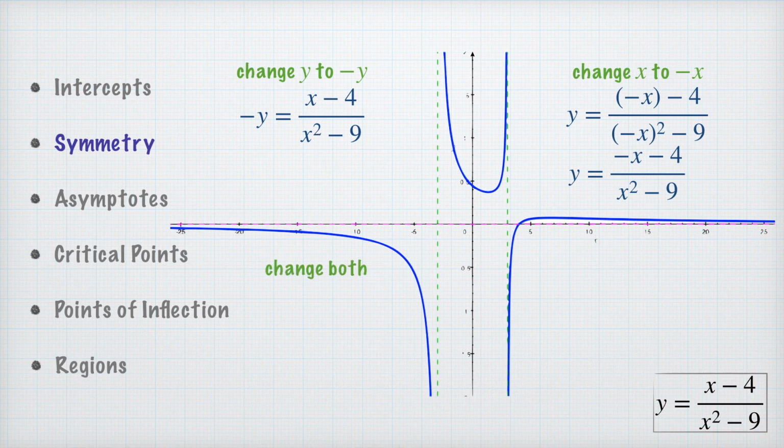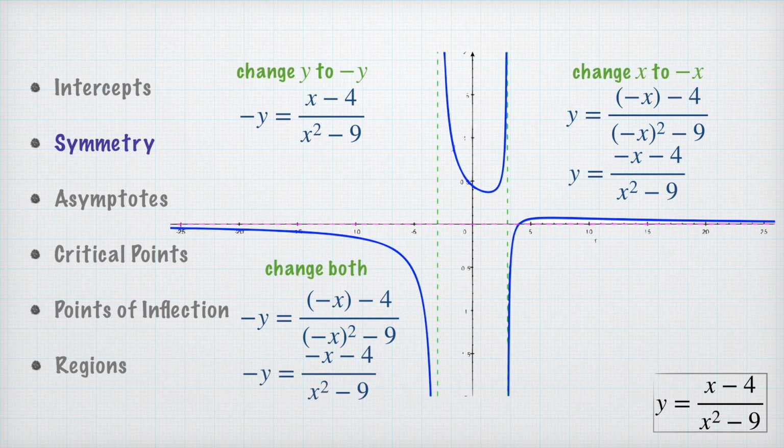And for the last test, we're going to change both x and y to negative x and negative y simultaneously. So we have here negative y equals (negative x - 4) all over (negative x) squared minus 9. And if we're going to simplify this one, we have negative y equals (negative x - 4) all over (x squared - 9).